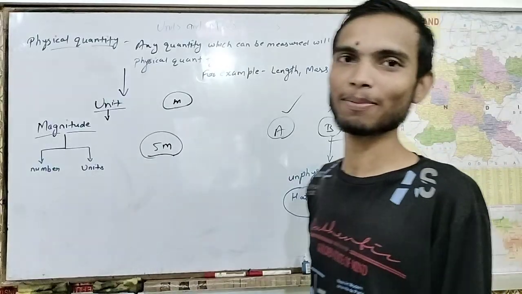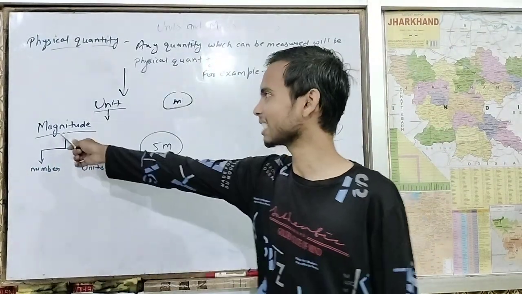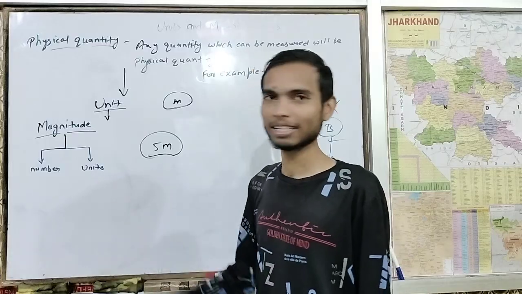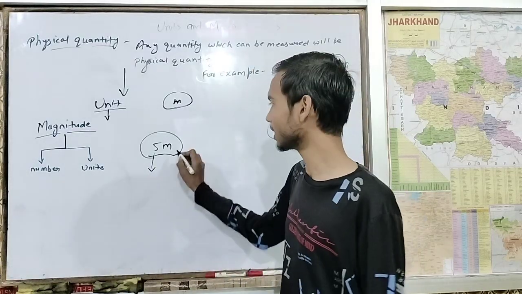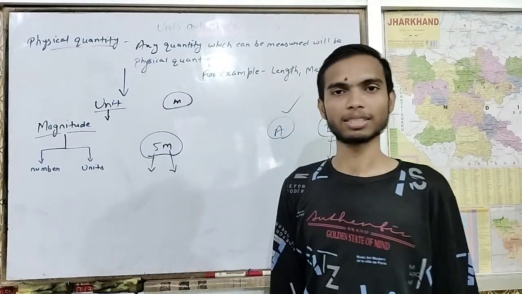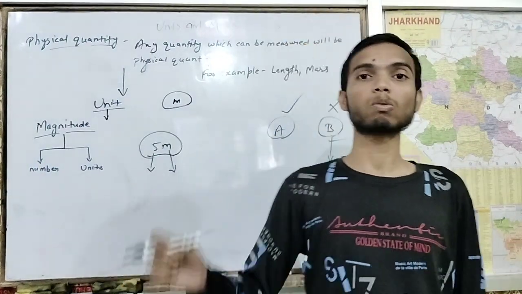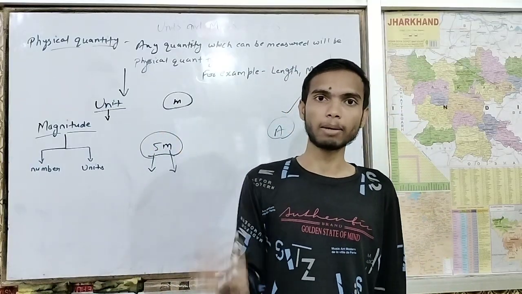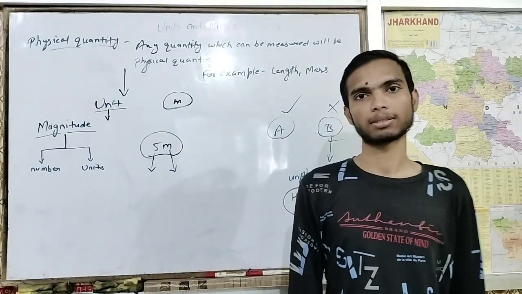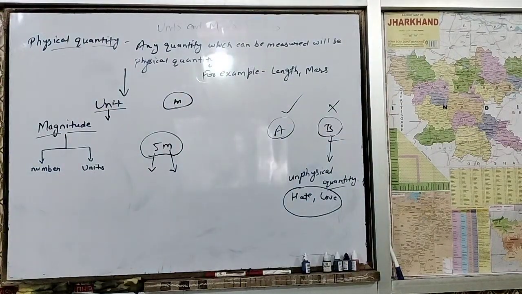By the definition of magnitude, it is a combination of a number and a unit. Here 5 is a number and m is a unit. That's the evidence: the definition of magnitude says we will have a number with a unit. That's it.